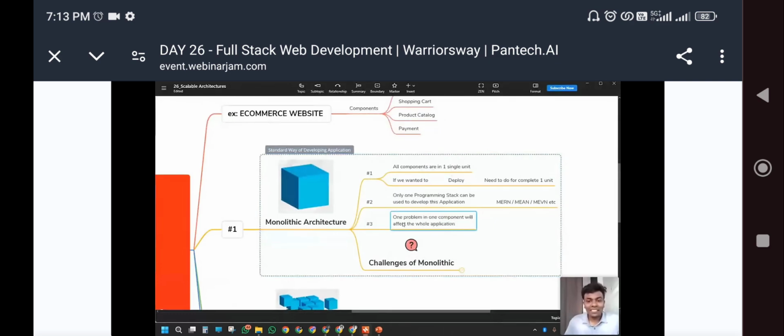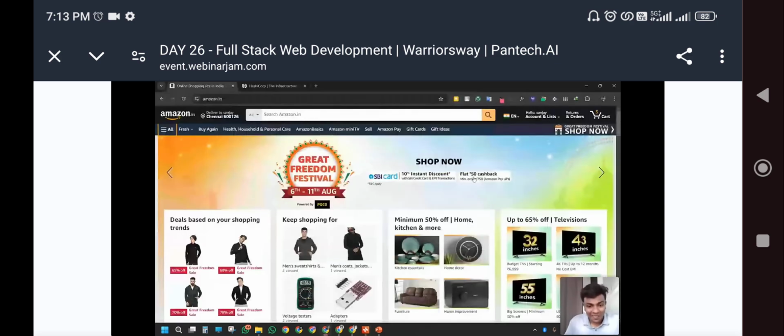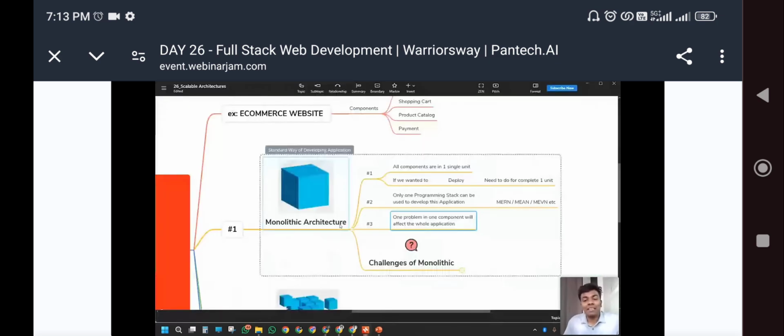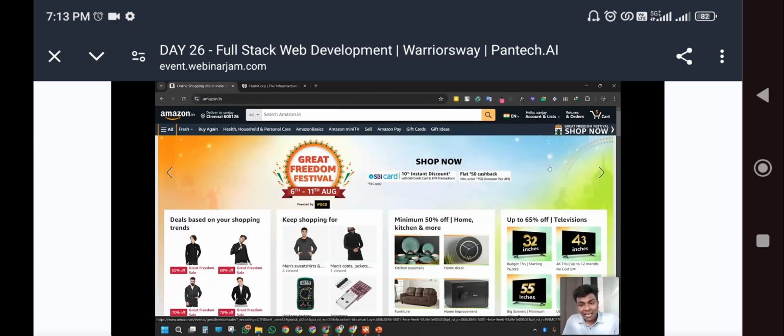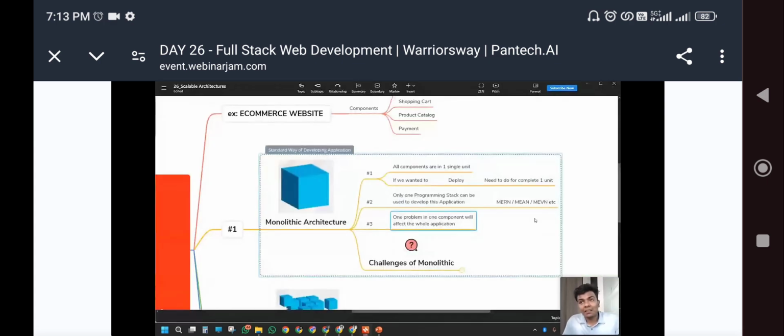Just imagine, every component and every service is present in a single unit, and every component is dependent on one another. So because of these dependencies, if there is any problem occurring in that unit, it is going to affect the rest of the components or services.